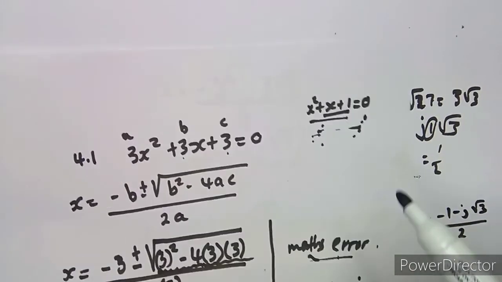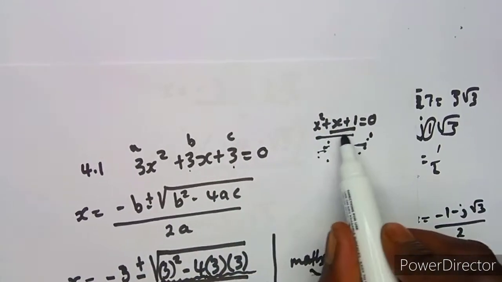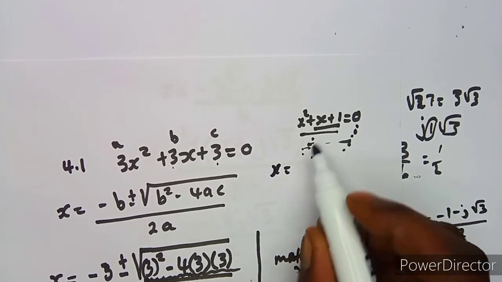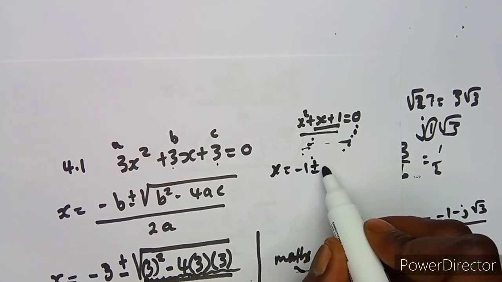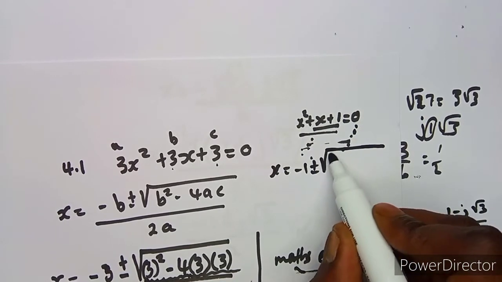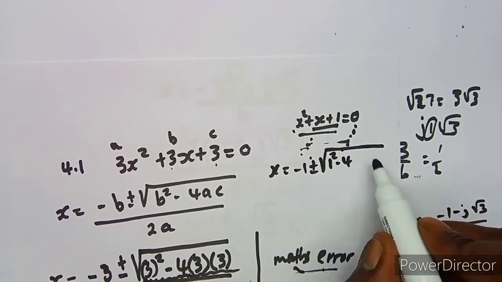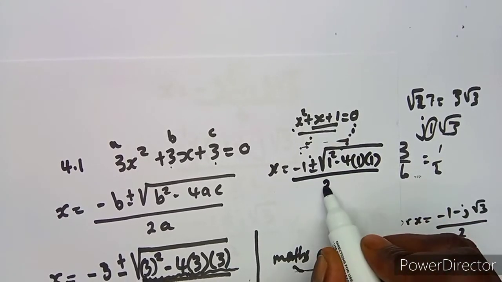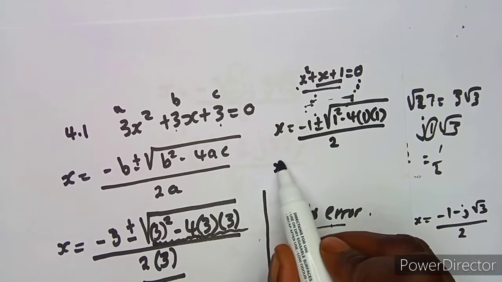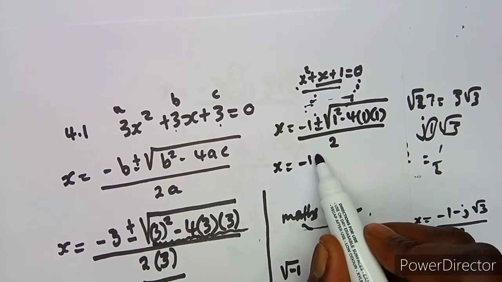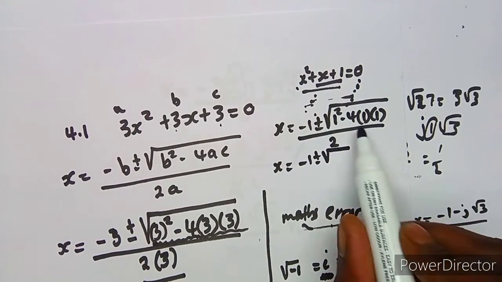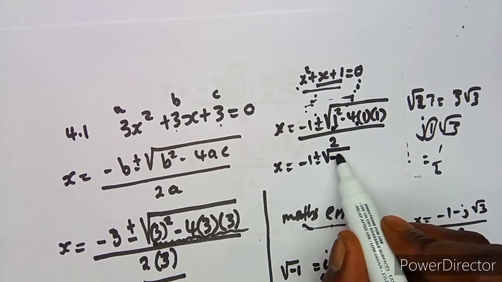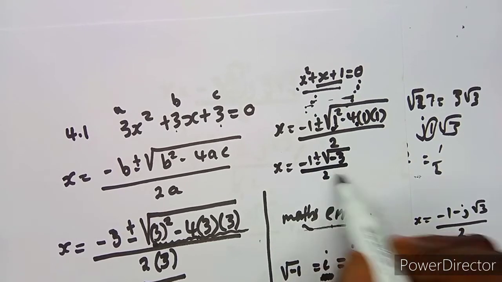But if you had just reduced this and worked with this equation, it would have been much easier, because it was just going to be x is equal to -1 plus or minus the square root of 1 squared minus 4a, which is 1, times c, which is 1, everything over 2 times 1, which is 2. So you obtain x is equal to -1 plus or minus the square root of 1 minus 4, which is -3, everything over 2, like this.